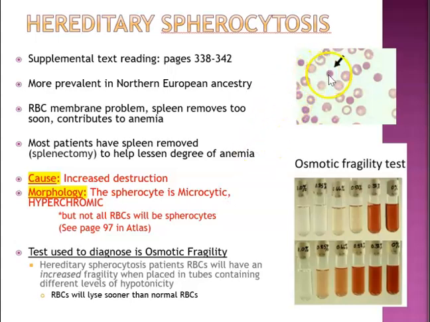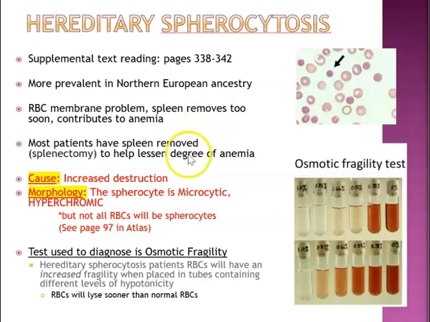If you look at the arrow in this image up here, this is a spherocyte. These are our normal red blood cells here, the normal size. So you see that the spherocyte is smaller and darker in color. But not all red blood cells in hereditary spherocytosis are going to be spherocytes.